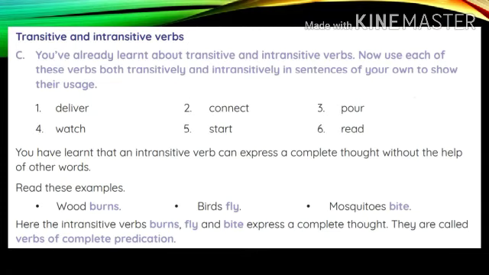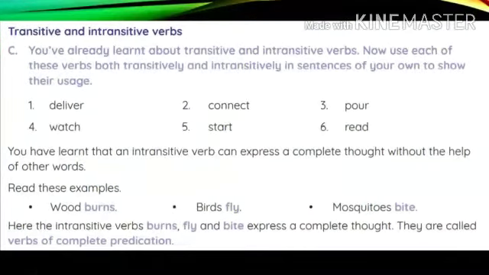So next one, something we have already learned, that is transitive and intransitive verbs. What do you mean by transitive verbs? Transitive verbs take a direct object. In intransitive verbs, some verbs express a complete thought. Okay, they are known as intransitive verbs. We have already learned about transitive and intransitive verbs.